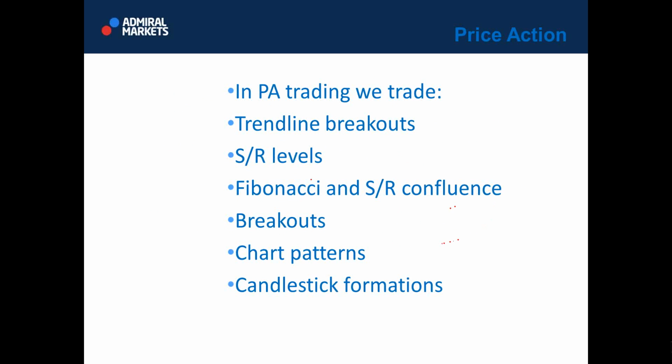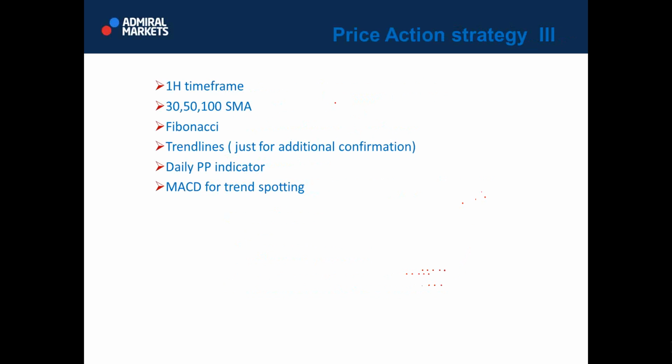Now, in price action, we trade trendline breakouts, support resistance levels, Fibonacci and support resistance confluence, breakouts, chart patterns, and candlestick formations. Now, this price action strategy will use the 1 hour time frame or 4 hour time frame. The difference is, if you want the 4 hour time frame, the trend needs to be a lot stronger than on the 1 hour time frame.